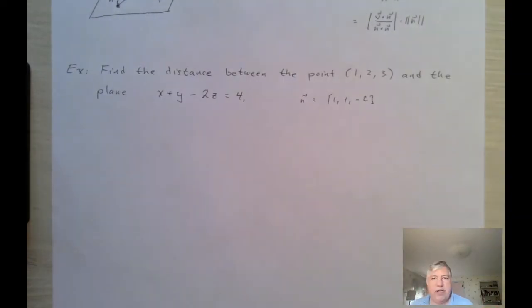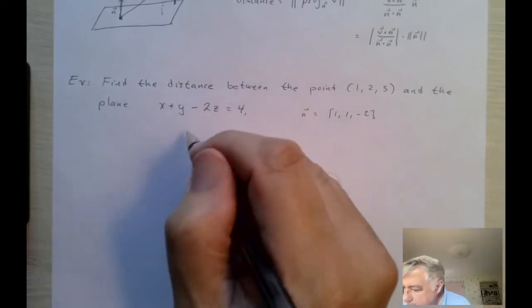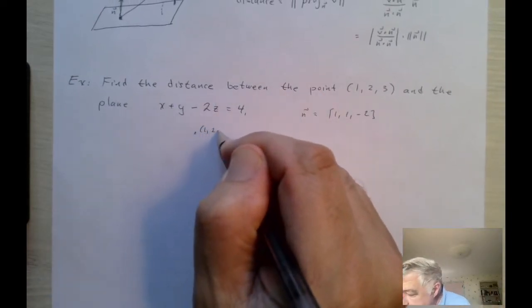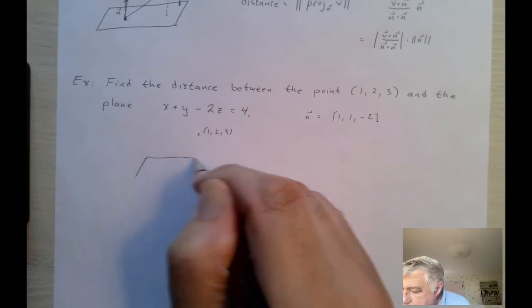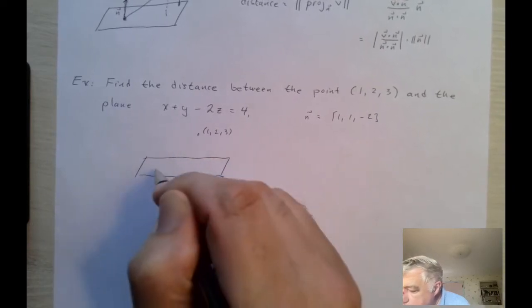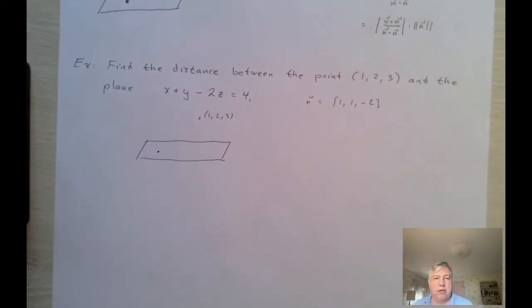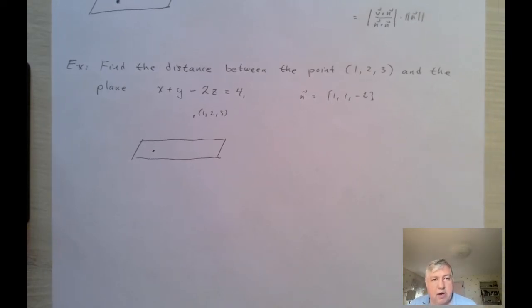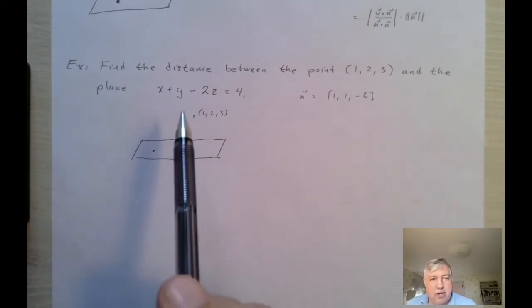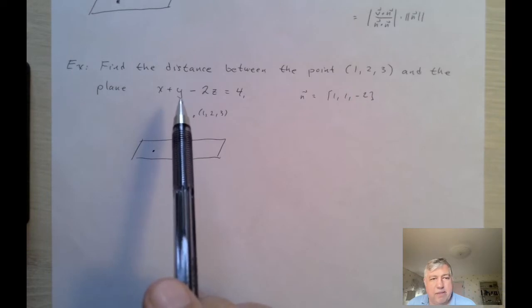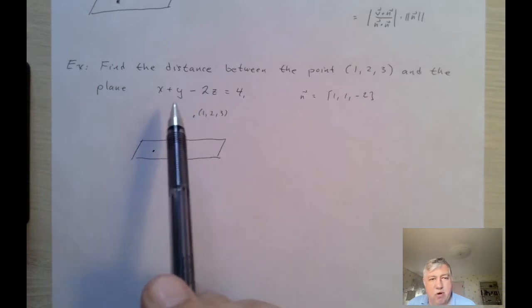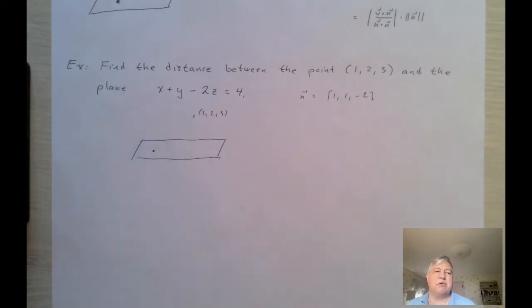Now we need a v. We have the point 1, 2, 3 here, and then we have our plane, and we just want to pick a particular point on the plane. There are lots of ways to find a point, and basically you can find one by setting all but one of the variables equal to 0.